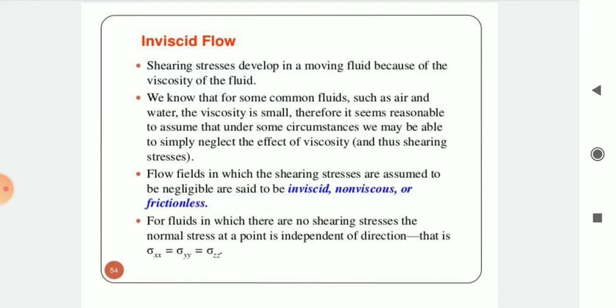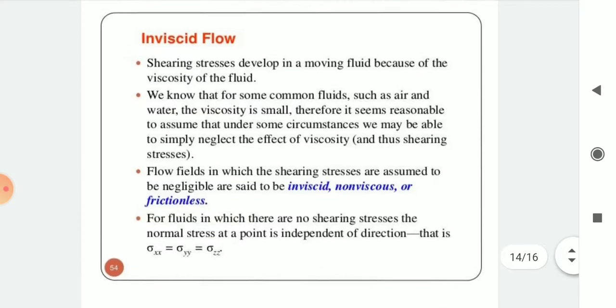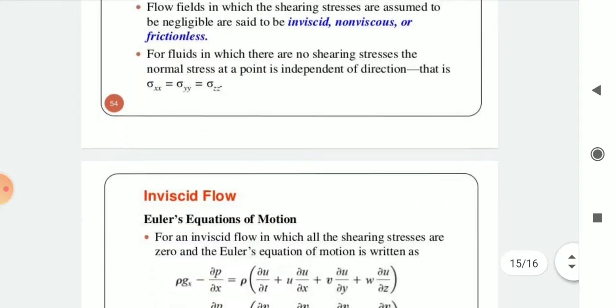Flow fields in which the shearing stresses are assumed to be negligible are said to be inviscid, non-viscous or frictionless. Inviscid flow means frictionless flow. For fluids in which there are no shearing stresses, the normal stress at a point is independent of direction, that is sigma xx is equal to sigma yy is equal to sigma zz.